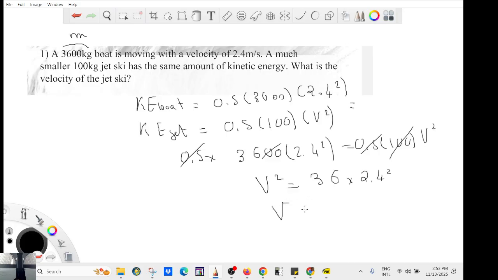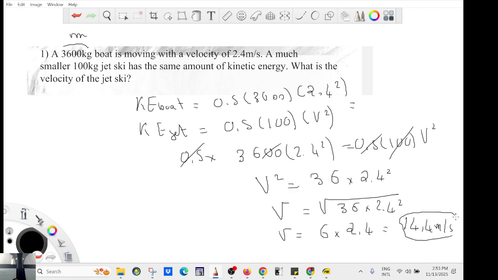Because then you take the square root. Square root of 36 is going to be 6. Square root of 2.4 squared is going to be 2.4. So you see in your head it's going to be 12 or something like this, or 13. So practice mental math.